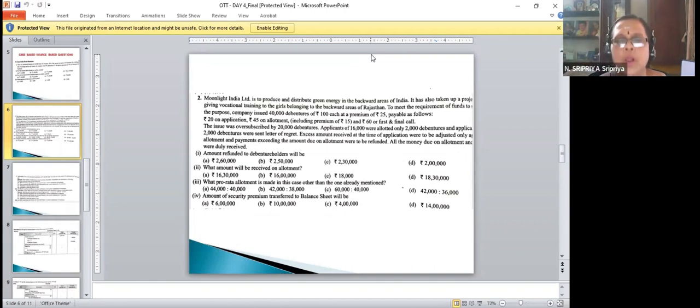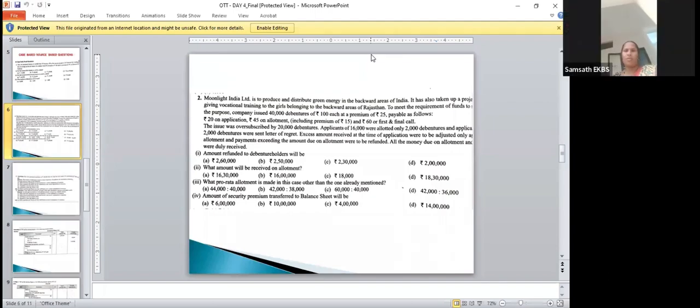Number 2, the applicants of 16,000 debentures were allotted only 2,000 debentures. So they would have paid application money of 16,000 into 20, which is 3,20,000 rupees. Out of which only 2,000 debentures were allotted to them, so application money used is 2,000 into 20, 40,000 rupees.